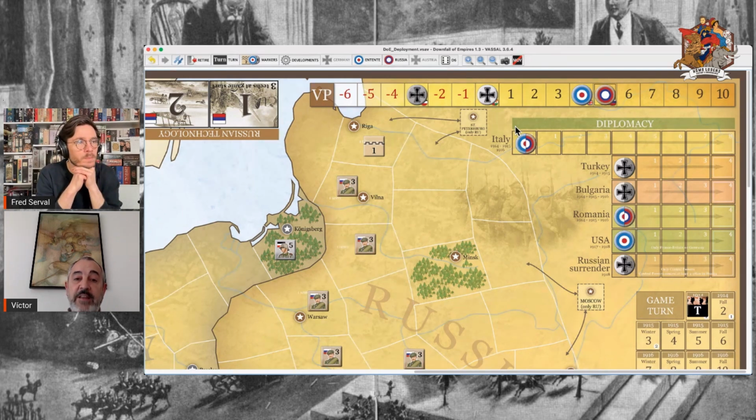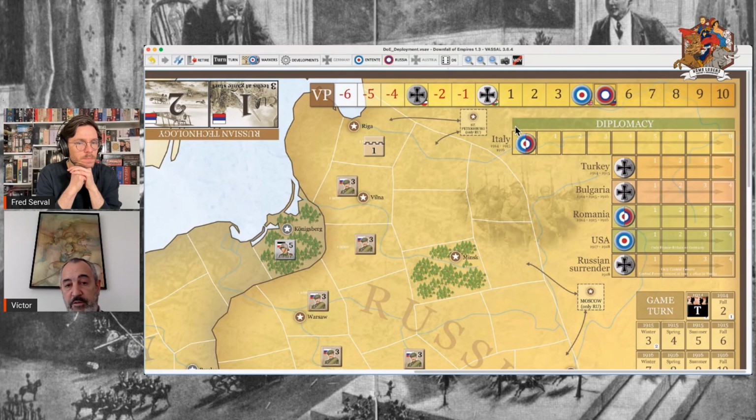Both are interested in that, even if only the French and British move the Italian armies. Both factions of that coalition.